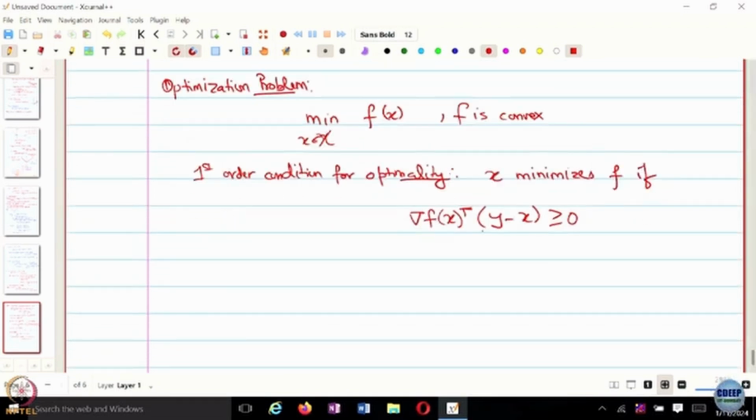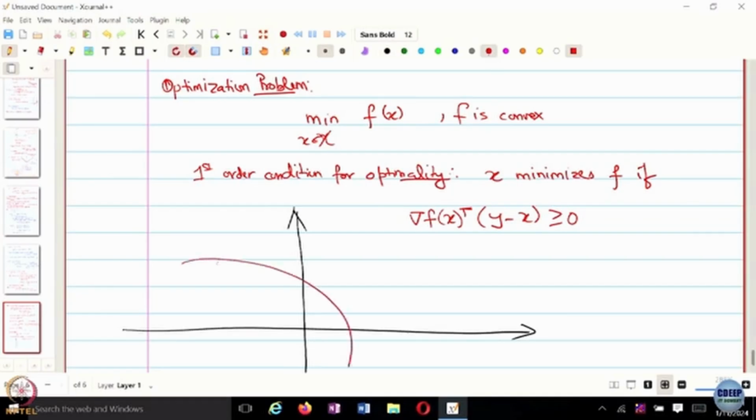And so let's look at the geometrical interpretation of this particular condition. Now suppose let's say you have a constraint set which looks something like this, right? This is your X, and you have a function f, and let's look at the level curves of that function.